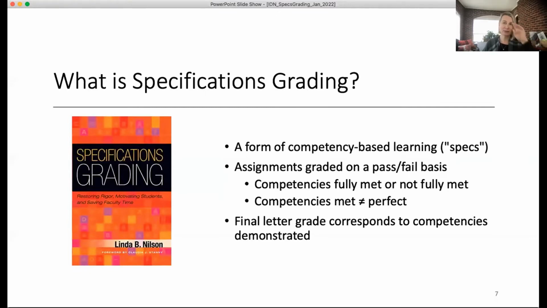And as I go through the presentation, there will be various examples that are coming up of how we could get to a final grade. There is no one way to do this. And I want to stress that. It's all about getting creative with your course, thinking about what's really important, and then providing clarity for the students about what those expectations are and how we're going to get on that path.